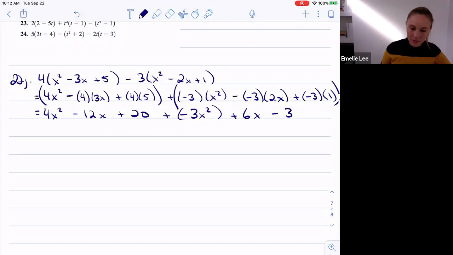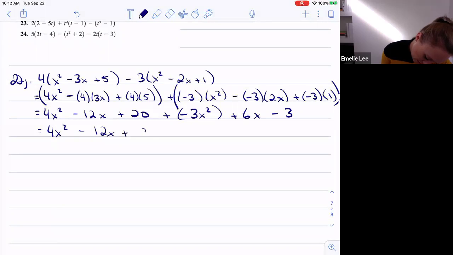Okay. I didn't need to do this step. I could have just done minus 3x squared. But let's do that here. 4x squared minus 12x plus 20 minus 3x squared plus 6x minus 3.